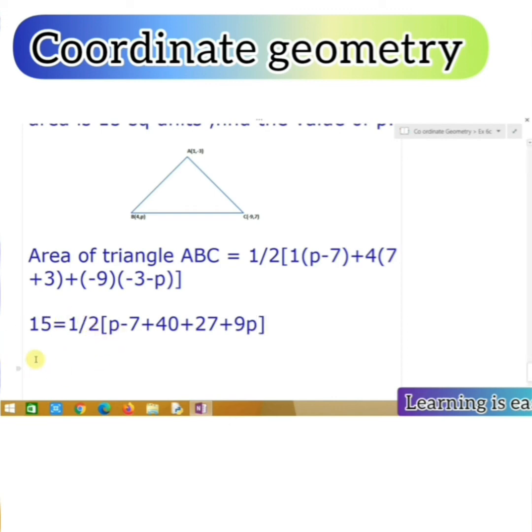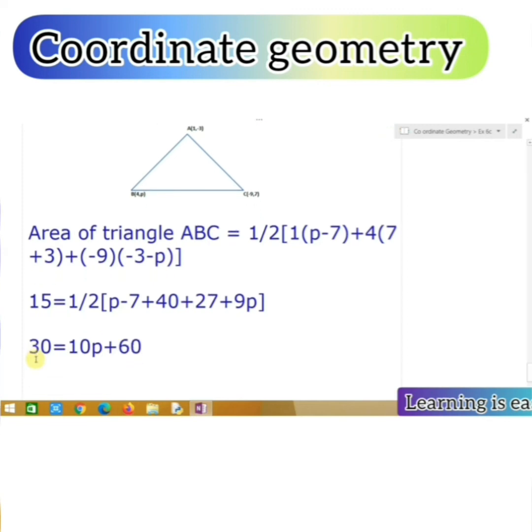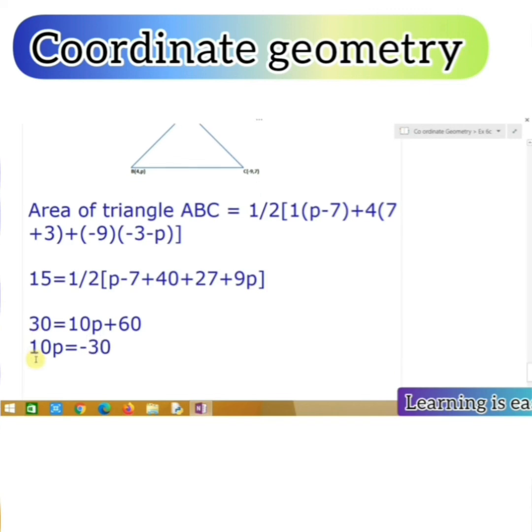That's 15 2s are 30 equal to 10P plus 60. So 10P equal to minus 30. So P equal to minus 3. So the y coordinate of vertex B is minus 3.